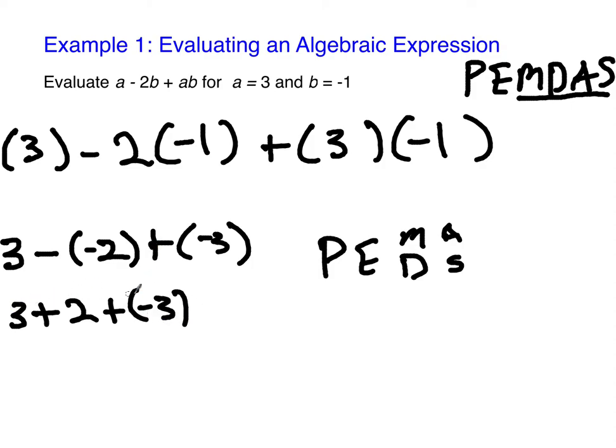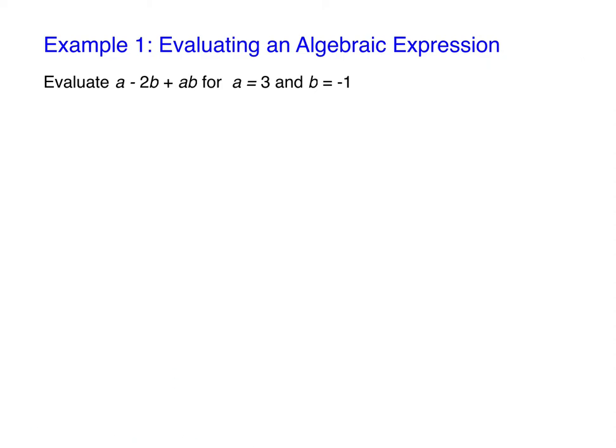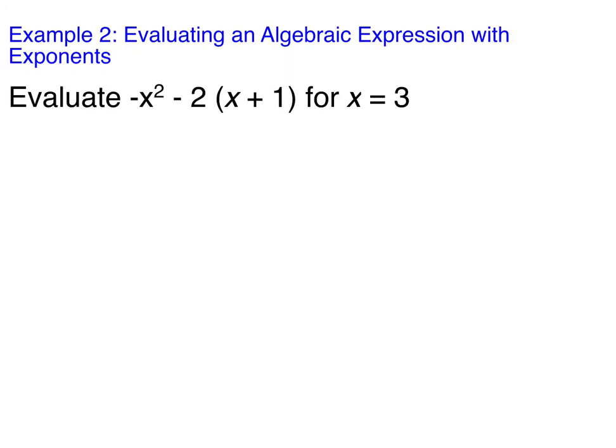And the 3 and the -3 are going to cancel out, and we'll just be left with a +2. So that's how you evaluate the algebraic expression.